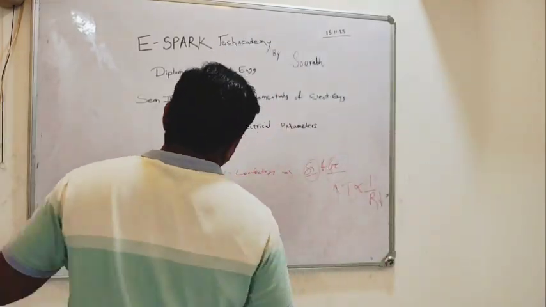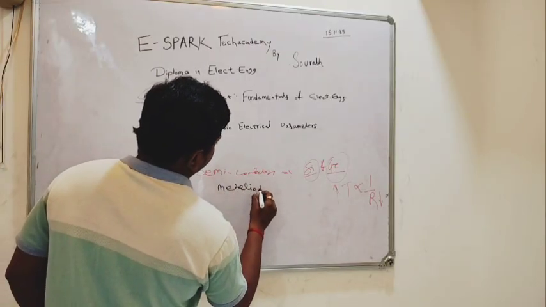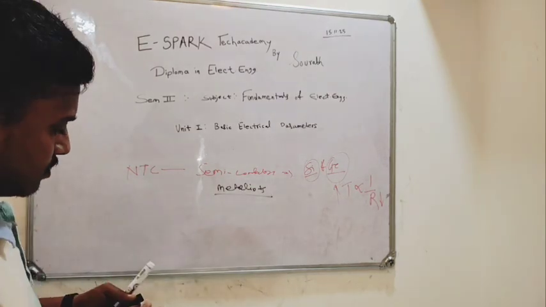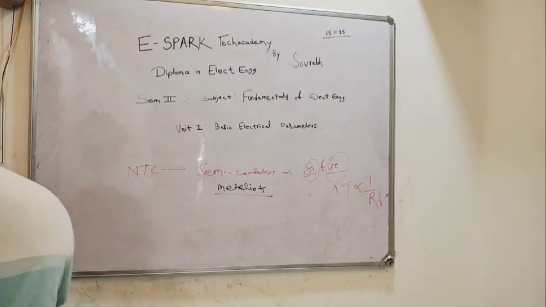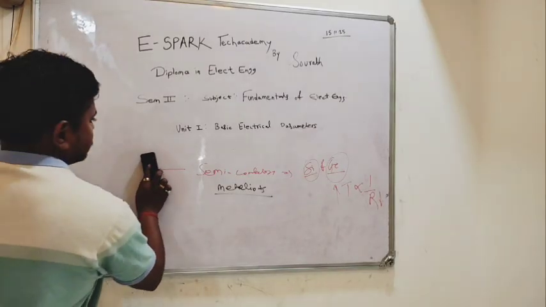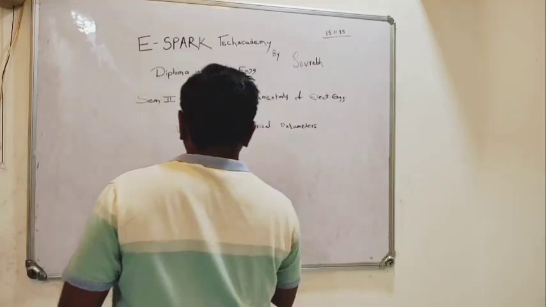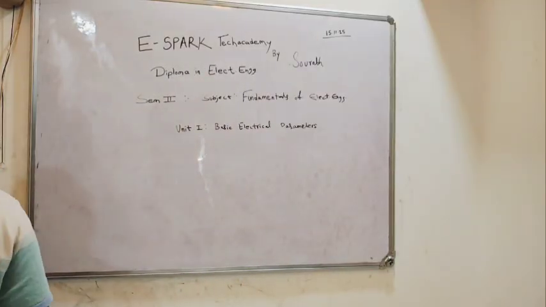I will mention here the metalloids, which are not metals or non-metals. Now, what is an insulator? Diamond is an insulator, or rubber is an insulator.